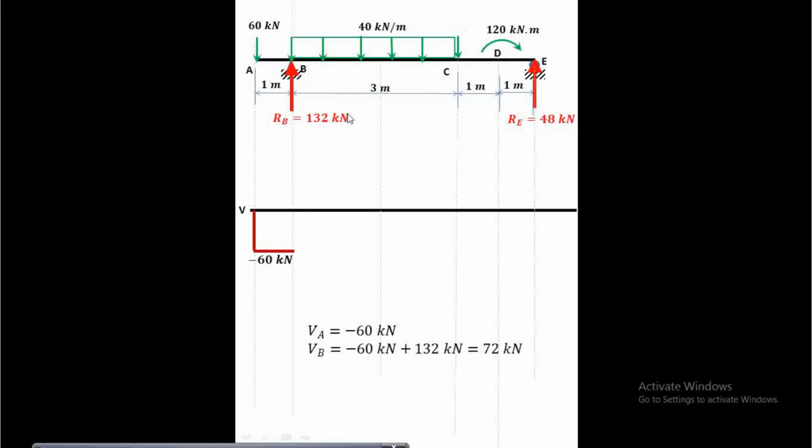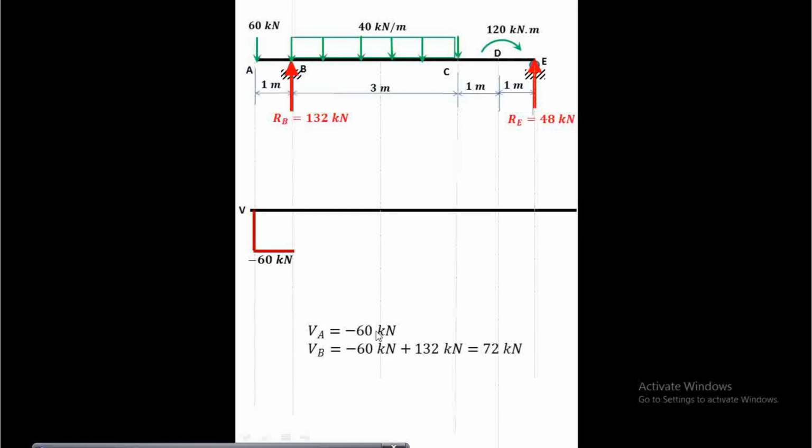Paano ko nakuha si 72 kilonewtons? Diba nag-end tayo kay 60 kilonewtons? So, kapag nag-end tayo kay negative 60 kilonewtons, mapapansin ninyo, nandito si RB, 132 kilonewtons. Ang direction ni RB is upwards. So, ang upward natin is positive. Nag-end tayo kay 60.